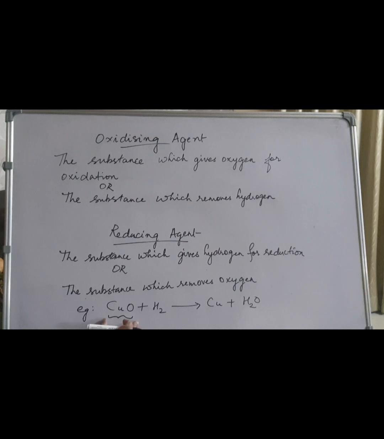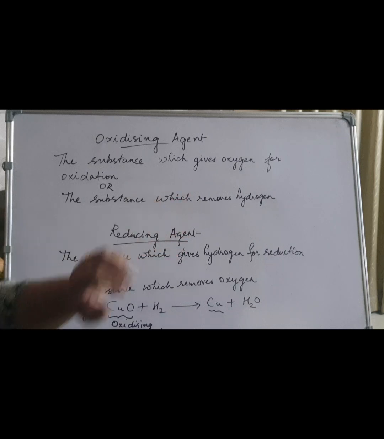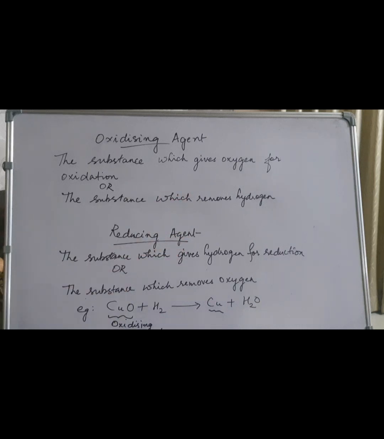So copper oxide gives oxygen to form copper, and hence copper oxide will be the oxidizing agent. Is that clear? The substance that gives oxygen, you call it the oxidizing agent, or else the substance which removes hydrogen, you call that the oxidizing agent.